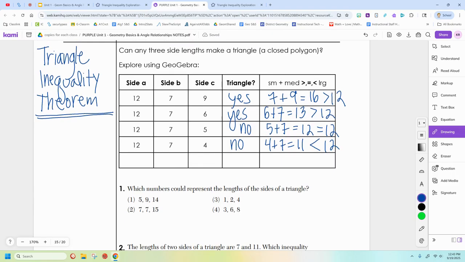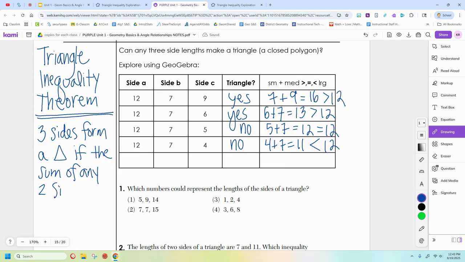Okay, so what is the triangle inequality theorem? 3 sides form a triangle if the sum of any 2 sides is greater than the third.